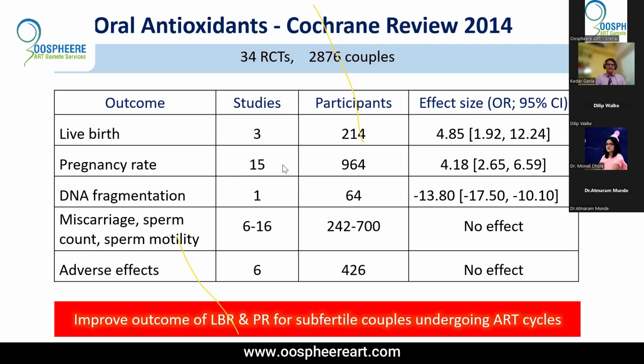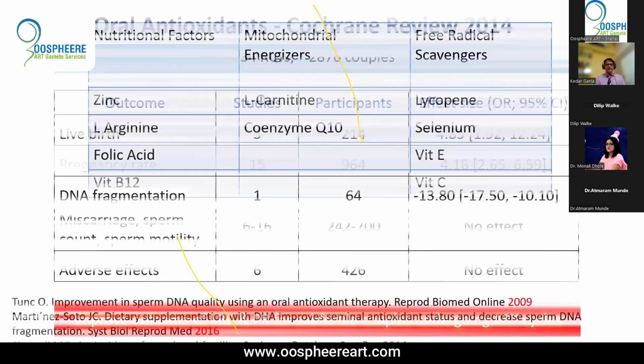With antioxidant therapies, you see pregnancy outcome improves, DNA fragmentation decreases. The only problem with antioxidants is there is no fixed antioxidant which will give a far better result than the next one.